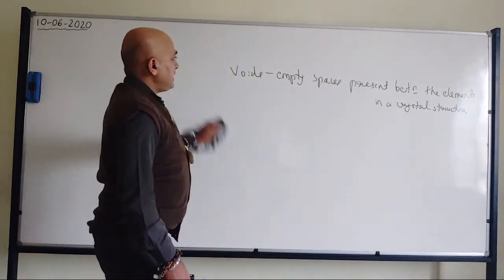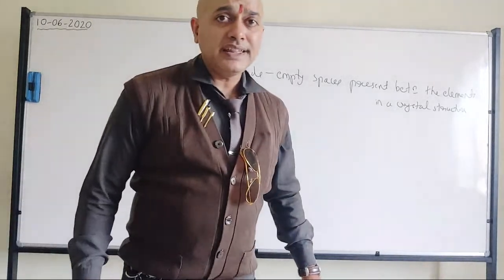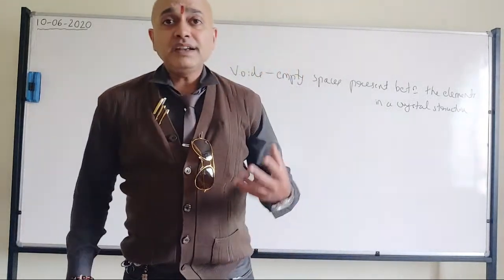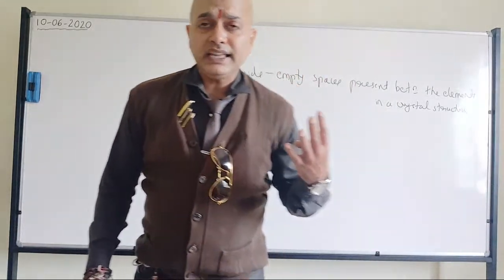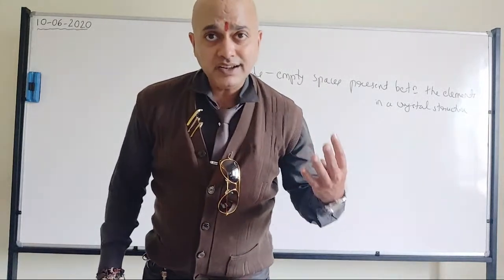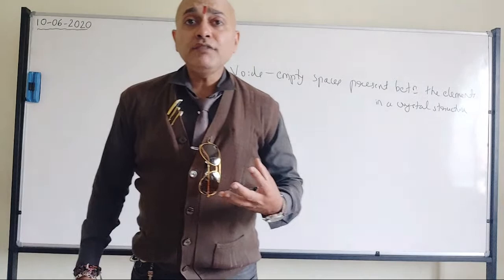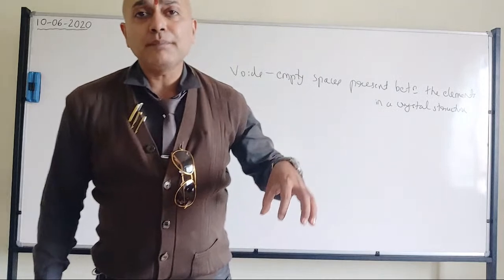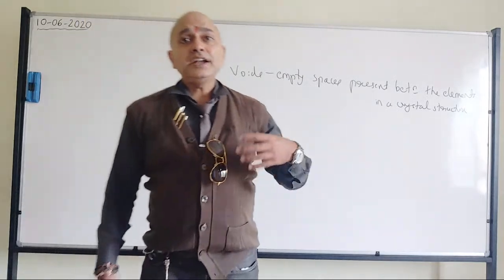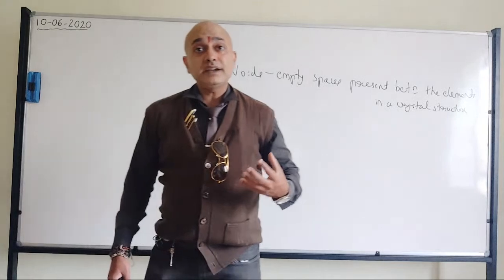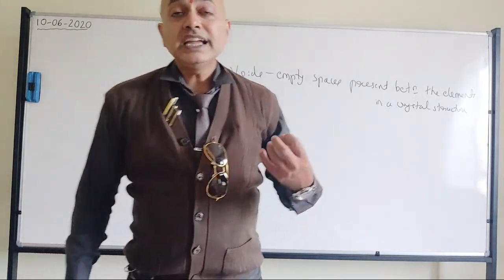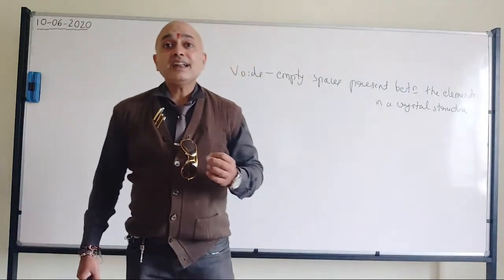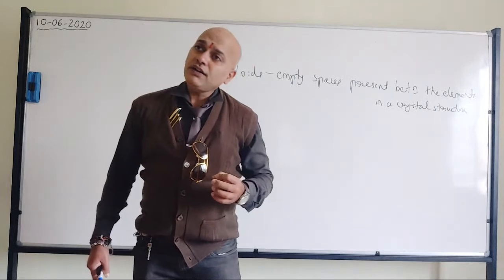In tetrahedral voids, 4 elements are involved during the formation, and the void will not be continued to the second row because it is blocked by the second row element. When I join the nucleus of those elements involved in the formation of the void, it will give the tetrahedral shape. Therefore they call it tetrahedral voids. All of you have understood?